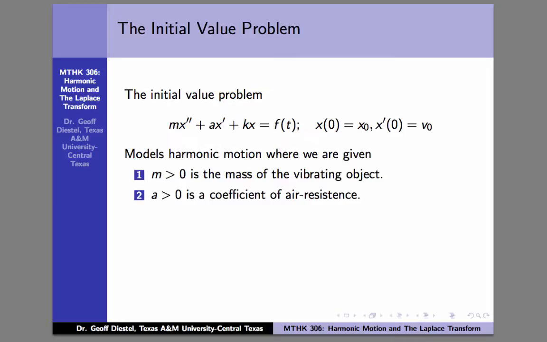k is going to be what's called the spring constant. So every spring is different. There are stronger springs and weaker springs, ones that are easier or less easy to stretch or compress. So there's some constant depending on the spring that we're actually using. And again, these situations apply to other situations where there isn't a spring.